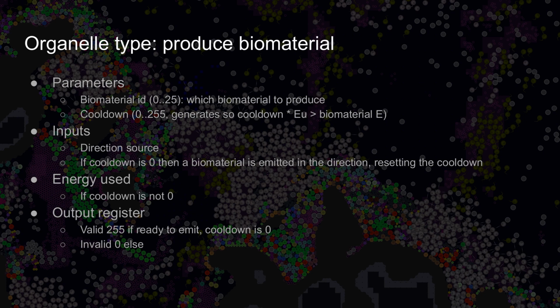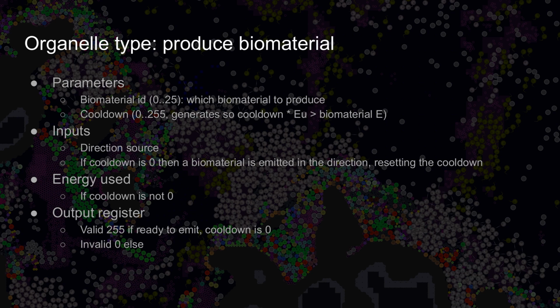Organelles generated with world generation have a cooldown, so the product of the cooldown and the energy used per game tick is more than the energy contained in the biomaterial. The organelle internally counts down, and when it reaches 0, it is ready to emit a biomaterial particle. The input of the organelle describes which direction the biomaterial will be emitted.